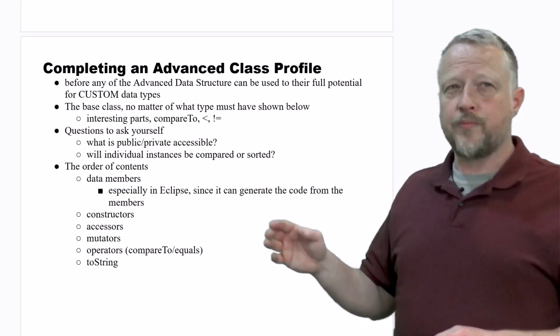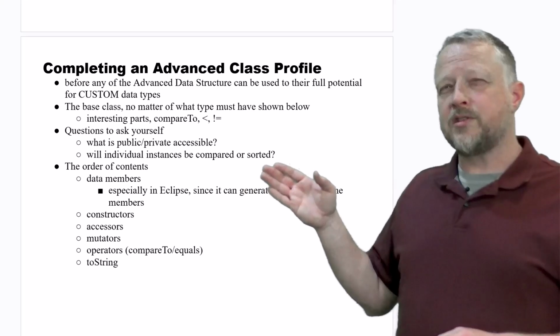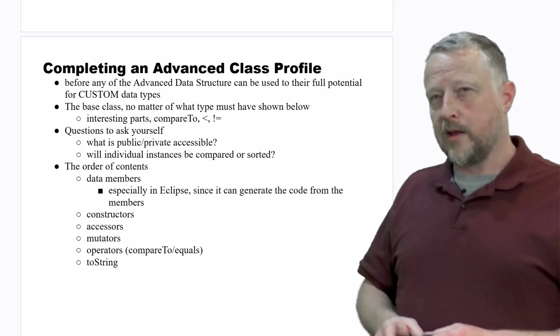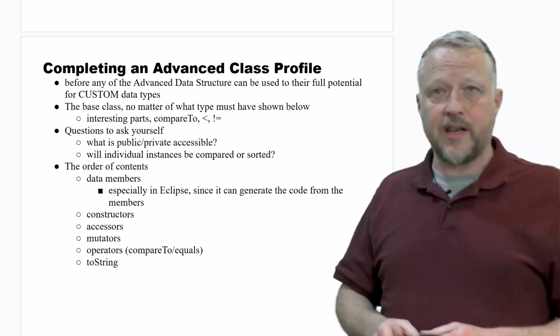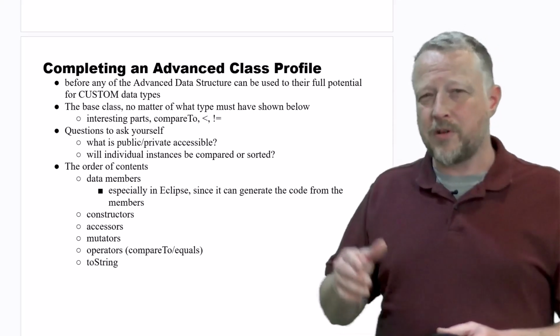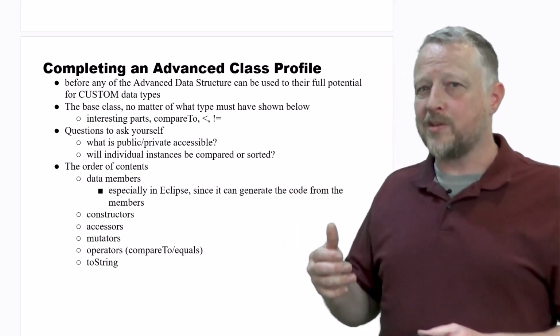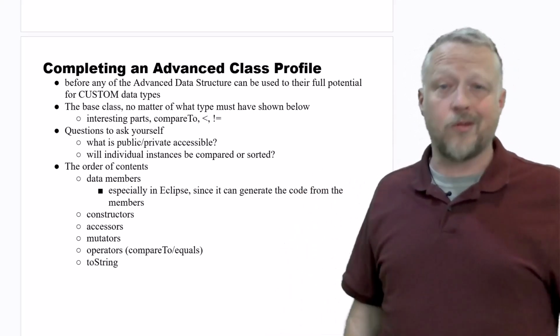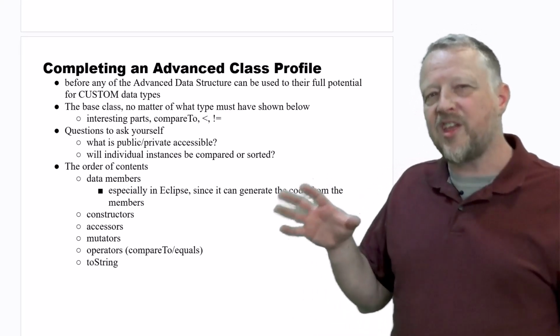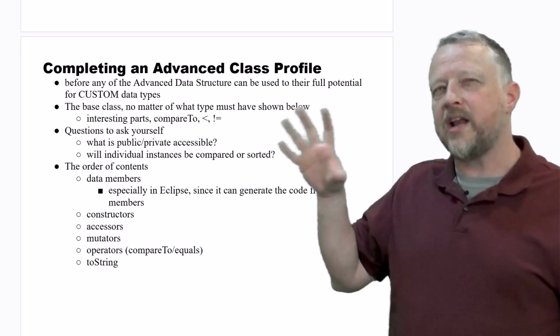But also, how are individual instances going to be compared or sorted? There might be some easy ways of doing that with just something like names, or maybe their GPAs, but you have to think about how that is going to be sorted, because frankly, we're all sorted in real life somehow. So we have to think about that as you're creating your advanced class profile.